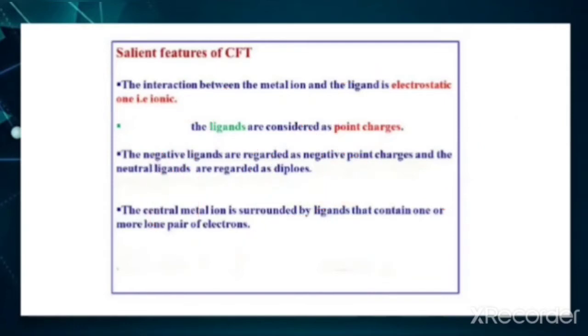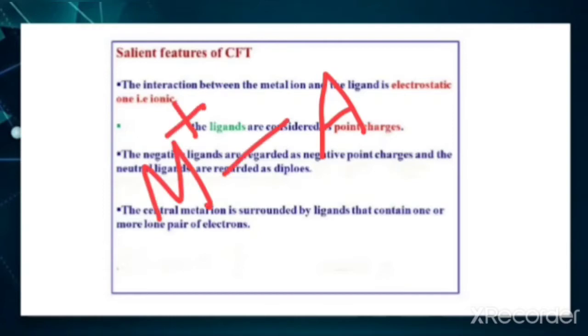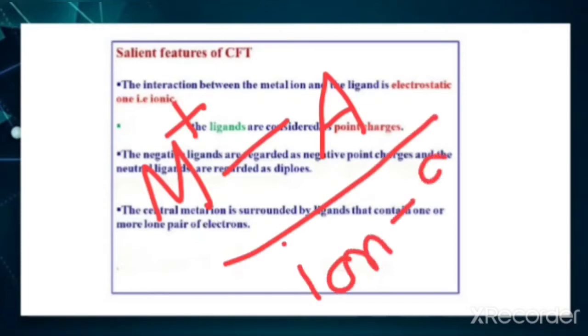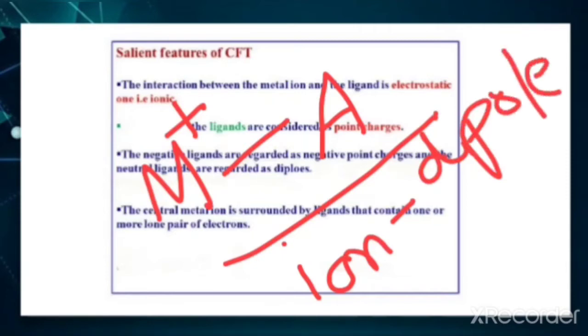But if the ligand is neutral, like water or ammonia, let me represent it as A, the interaction between the metal ion and the neutral ligand is referred to as ion-dipole interaction. So the metal ion and the ligand form an electrostatic force of interaction between them.